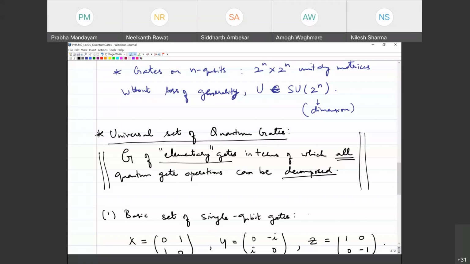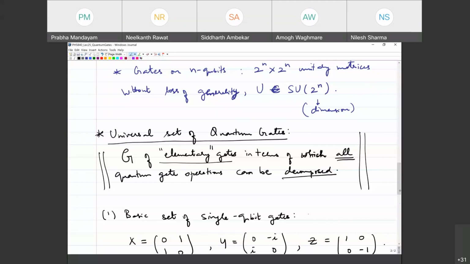So no matter how complicated a Boolean function of n bits I give you, you can always decompose it in terms of NAND operations. Similarly, what is that elementary set of gate operations in terms of which you can decompose all other unitaries? And this heavily relies on some structure of this set of unitary matrices. That's what I was trying to say.